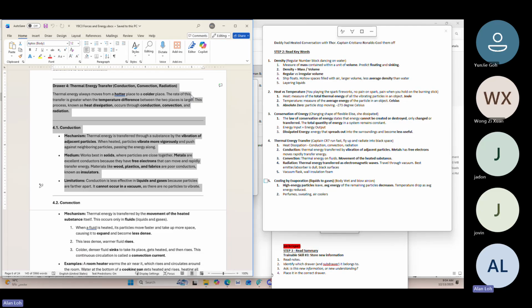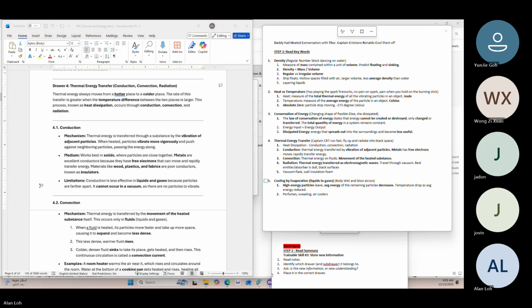Okay, we'll skip her for a while. Let's ask Jaden. Jaden, which drawer is this? This is drawer for thermal energy transfer. Good. That is drawer for thermal energy transfer. Xuan, if you are here, thumbs up. Sure. Okay, I send a message to her. Okay.